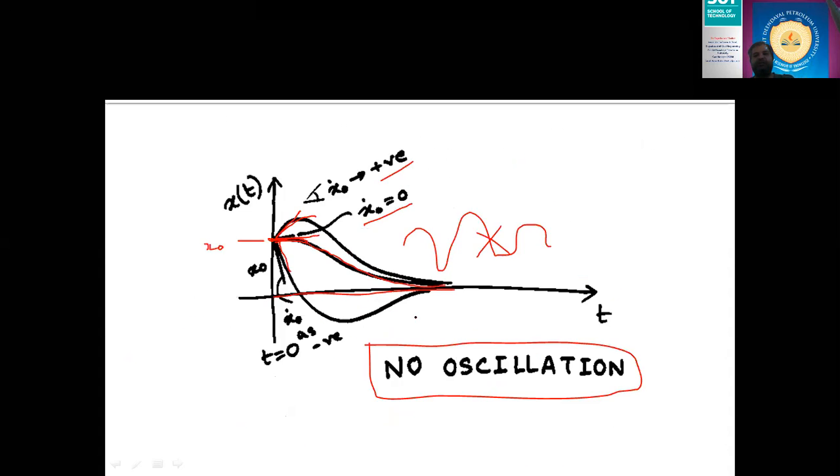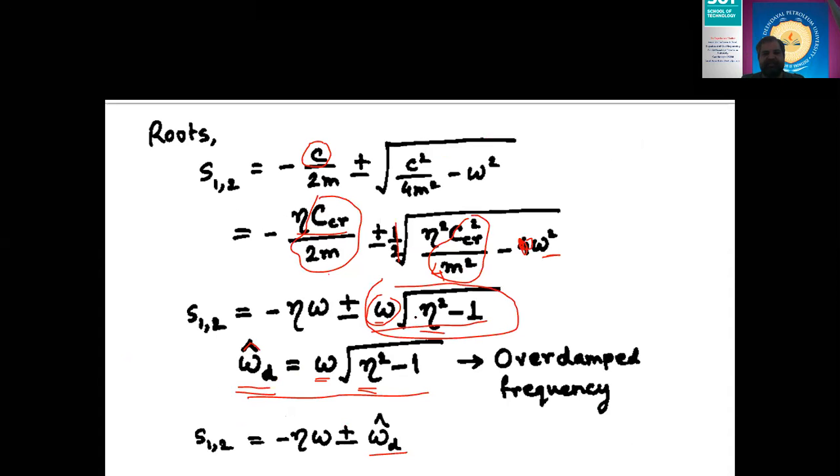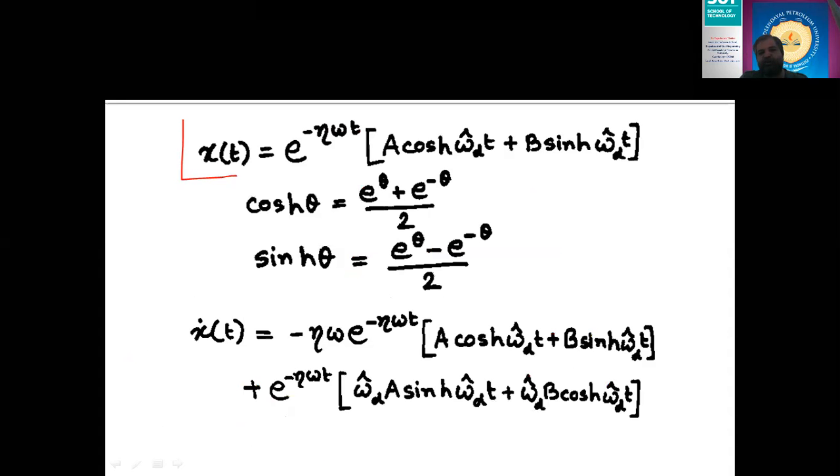If you see this in a mathematics book, you will find x of t is equal to e raised to minus eta omega t times (A cosh theta plus B sinh theta). This was the original form. I am replacing this theta with omega d cap t, since the frequency of this particular overdamped free vibration is omega d cap, which is my overdamped frequency.